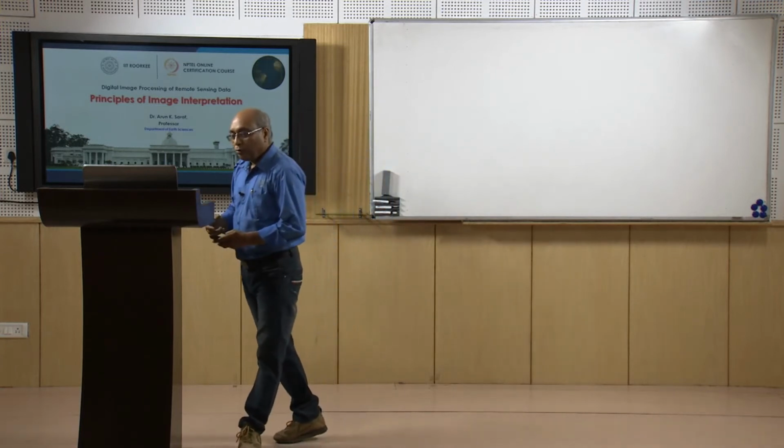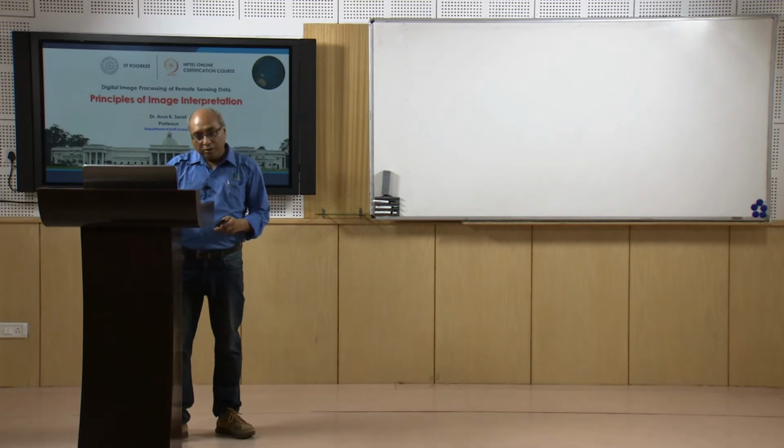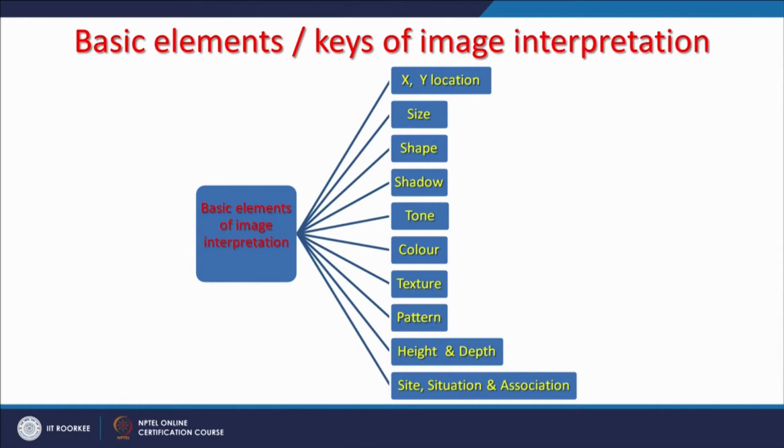So shadow can also be exploited to understand a ground feature or make a better interpretation. Then tone, whether it is a dark tone or light tone, depending on the type of image. If you have a black and white image, then tone plays a very important role, but if you have a color image, then the colors play a very important role.